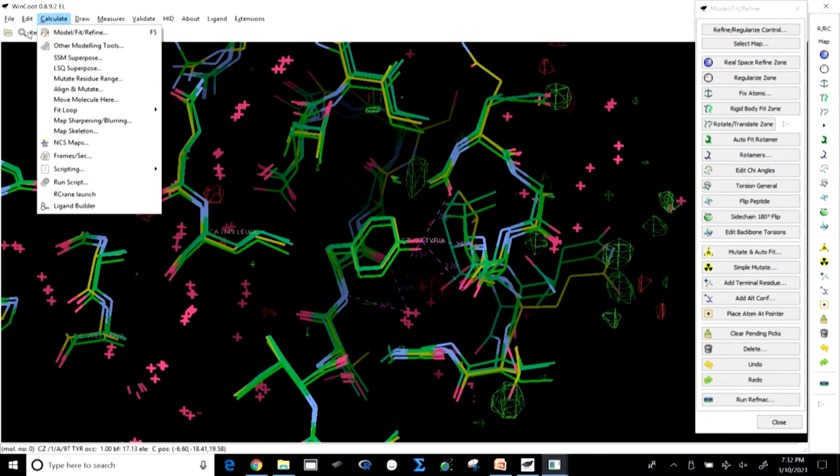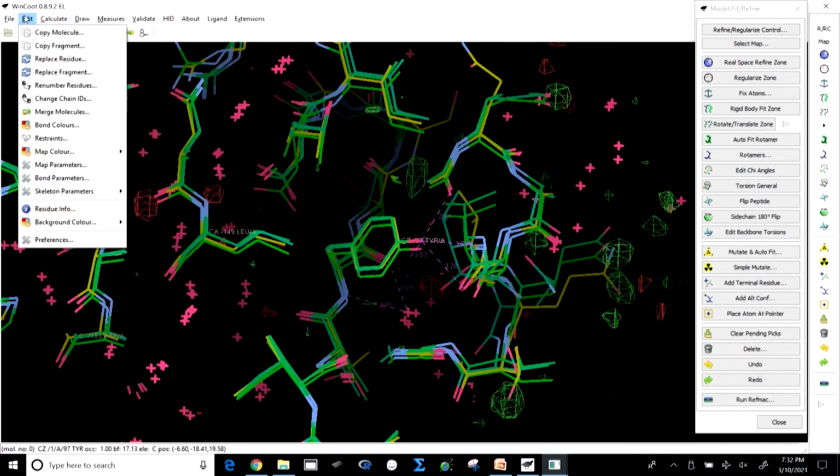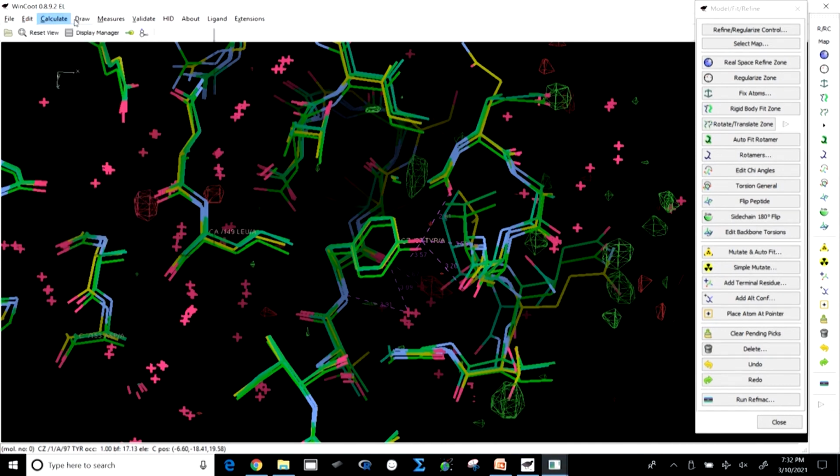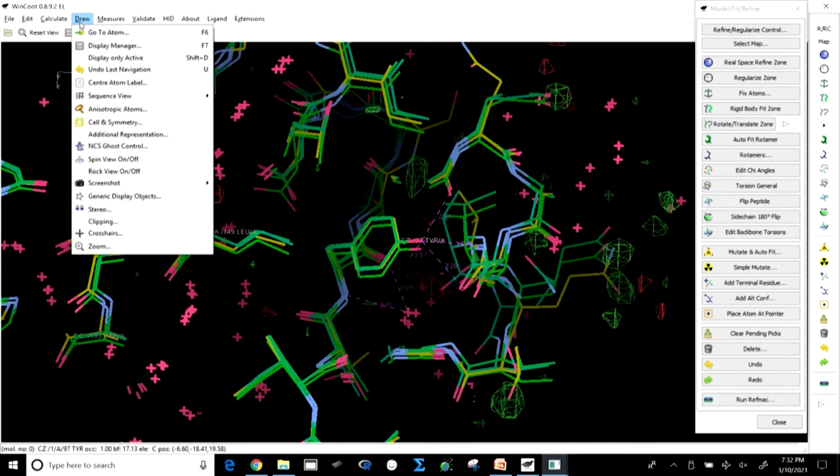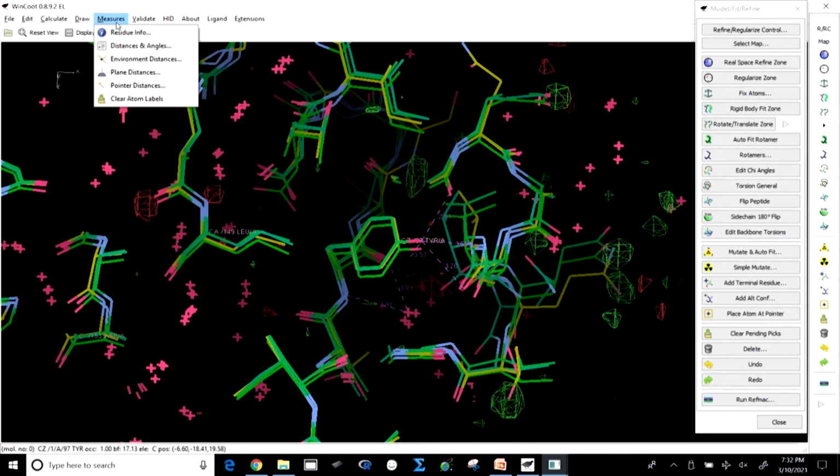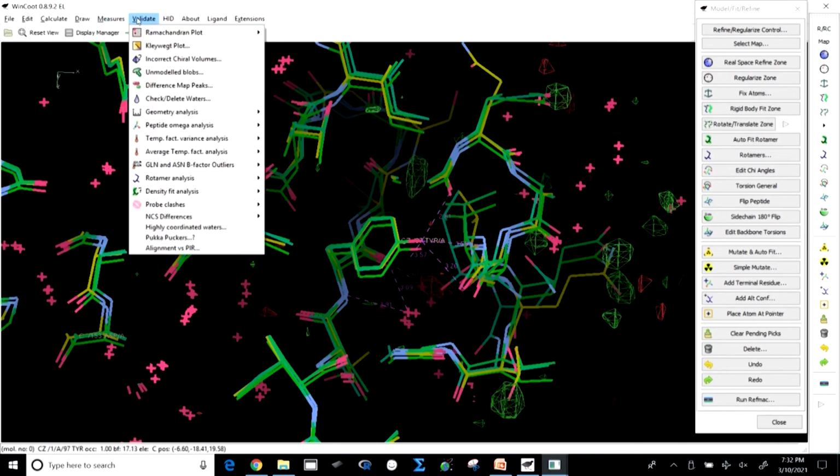You could perform a lot of operations through Edit, through Calculate. In Draw, you could have drawn a lot of views. In Measure, you could have put distance, angle, you could have labelled them, you could have put a pointer to measure the distance and all these things.